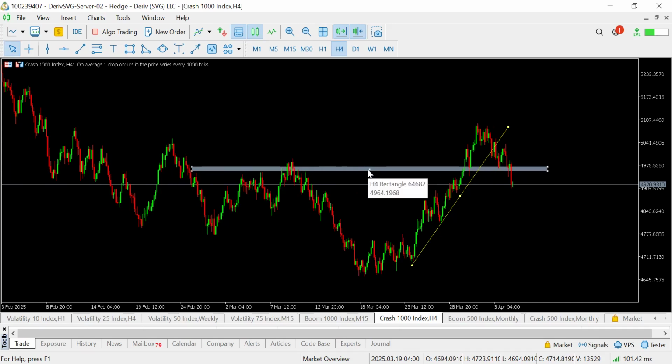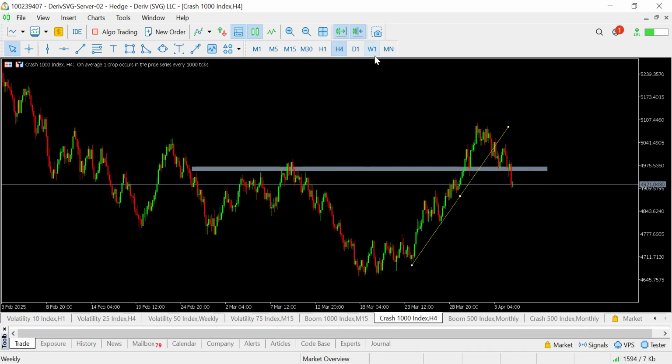For those asking what's a support point, it's the rejection points. You can see that price got into this point, was rejected, and came downwards. It came back here, broke it, but was rejected again by this red candle, like a fake breakout, went back up, came back, was rejected again, and then now it has broken it.